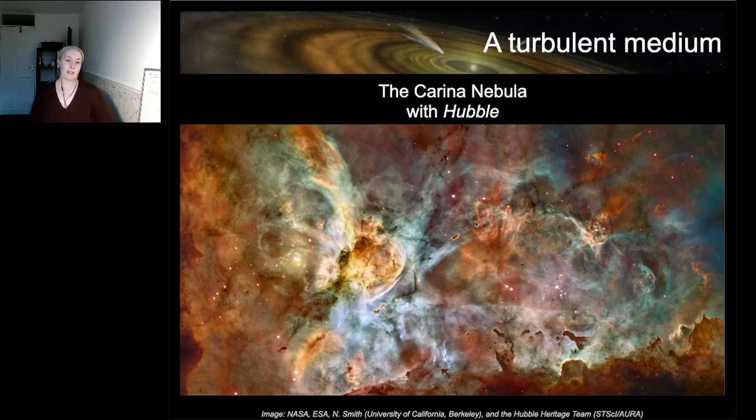So this is what we call feedback. Large massive stars, as they go through their lives and towards the end of their lives, inject a huge amount of energy into the surrounding medium, and they stir up the molecular gas and dust, and they create all this interesting complex filamentary structure and also blow away material, leaving behind these very dense regions within which, again, we hope that stars will form in the future.